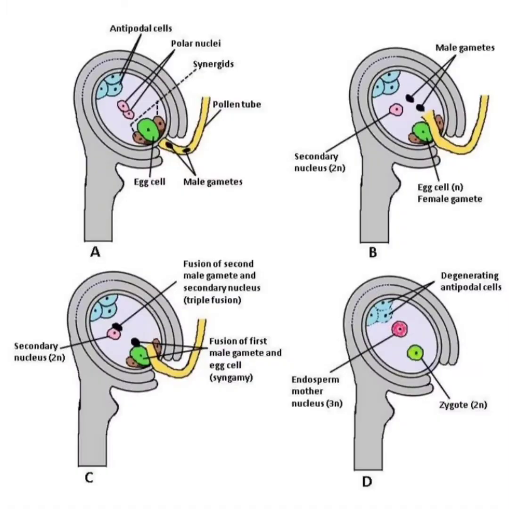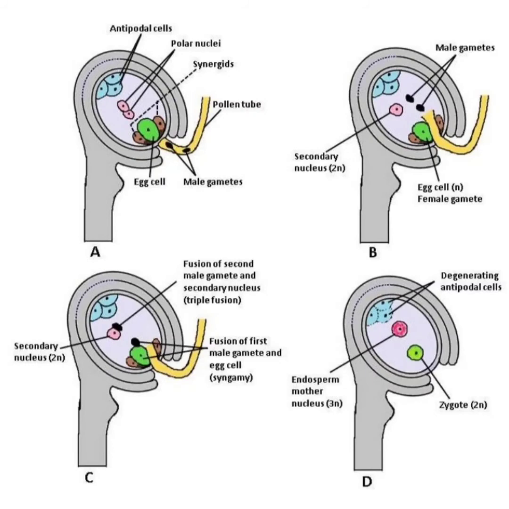Here in this image you can see the fusion of one male gamete with the egg nucleus forming the zygote, and another male nucleus fusing with the secondary nucleus forming the endosperm, and the fusion of both the male nuclei with two different components is called double fertilization.